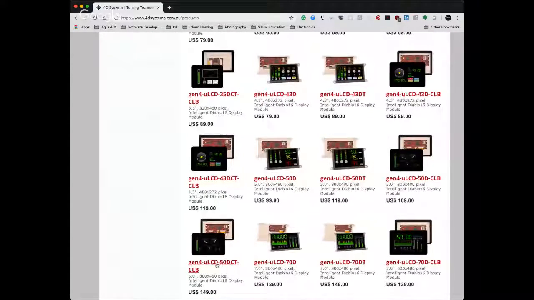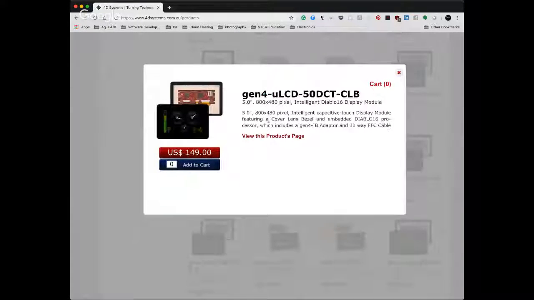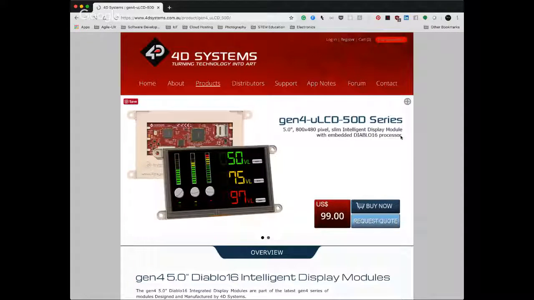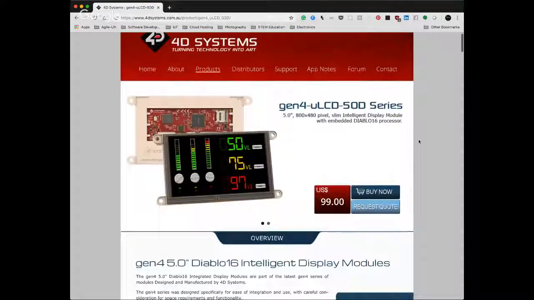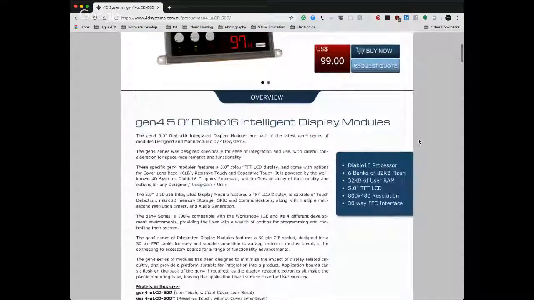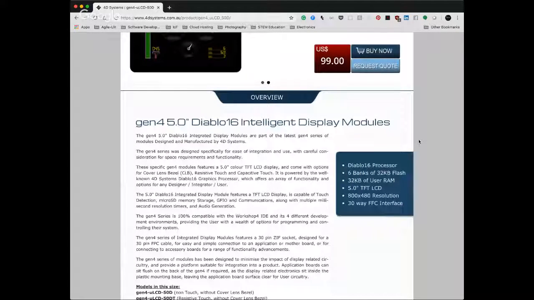All right, so let's look at the 5-inch DCT. One thing that I like about browsing the 4D Systems website when I'm looking for product information is that they put all the related documentation together with the products on the same page.